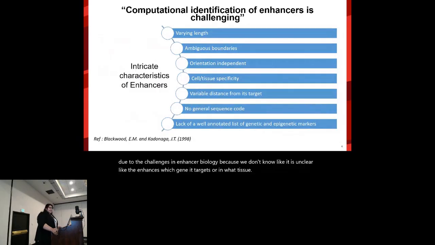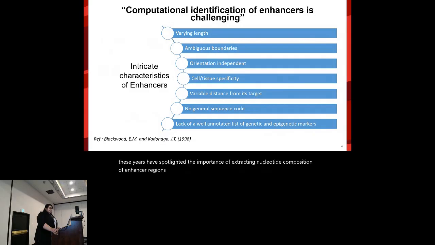Additionally, enhancers have intricate characteristics which add another layer of complexity that makes the computational identification of these regions much more challenging. Most machine learning methods developed over the years have spotlighted the importance of extracting the nucleotide composition of enhancer regions.